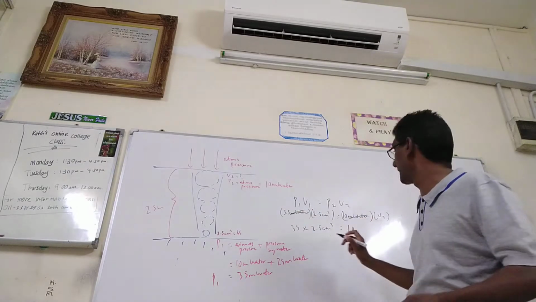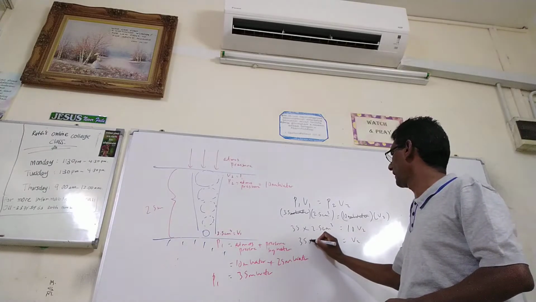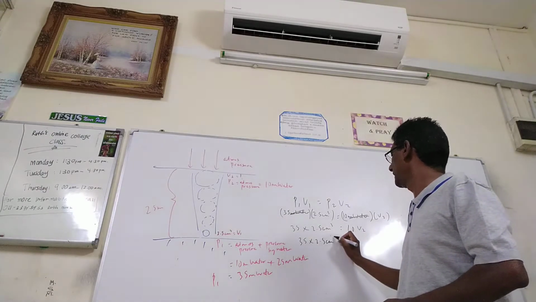So V2 equals 35 times 2.5 centimeter cube, divided by 10.